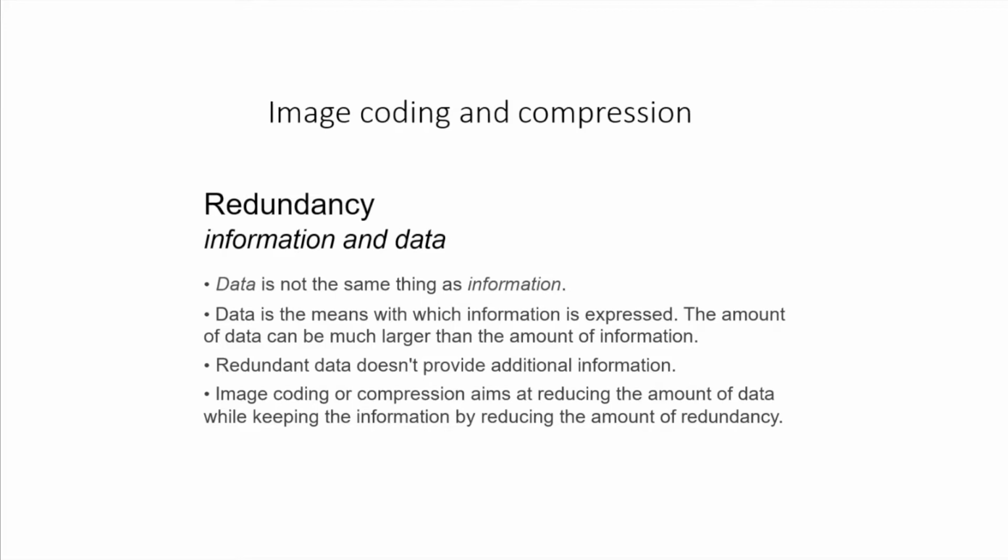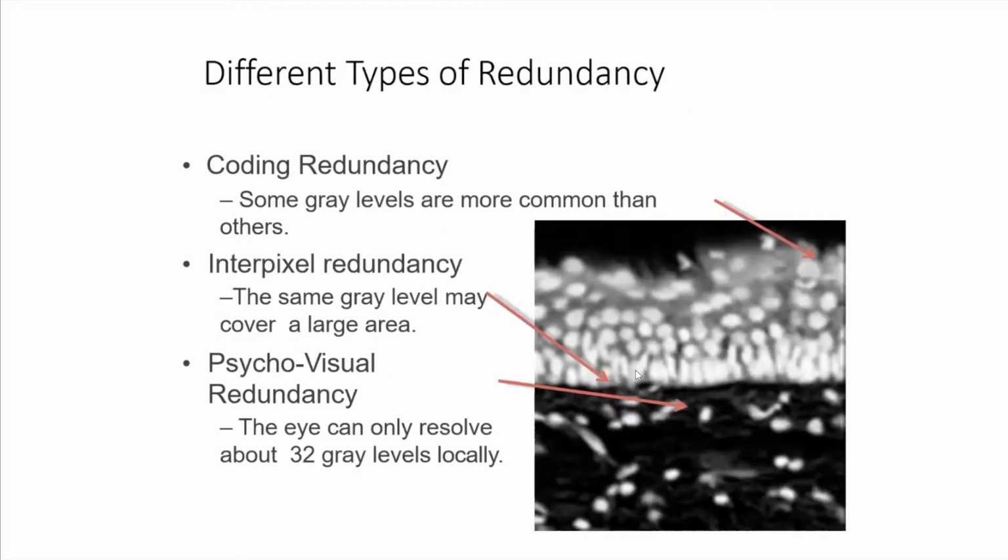And you have different types of redundancy. You have coding redundancy. So for example, some gray levels are more common than others. So if you have more gray levels at some point than white or black, then you can reduce this redundancy.